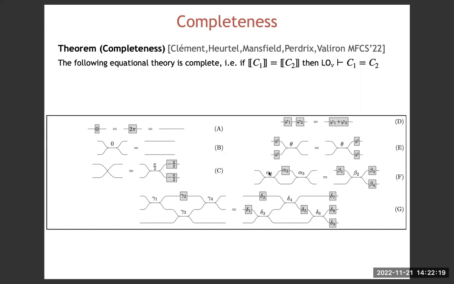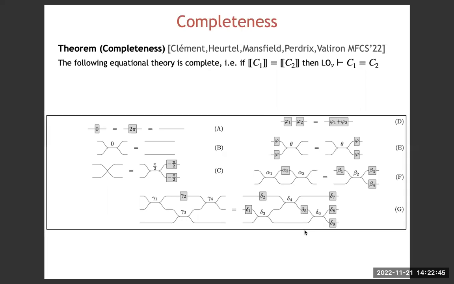You can interpret beam splitters as X rotations and phase shifters as Z rotations. And so you have X, Z, X equals Z, X, Z. And G is also a kind of Euler decomposition, but in 3 dimensions now. And again, for any values of the parameters on the left, you get parameters on the right such that the equation is true.